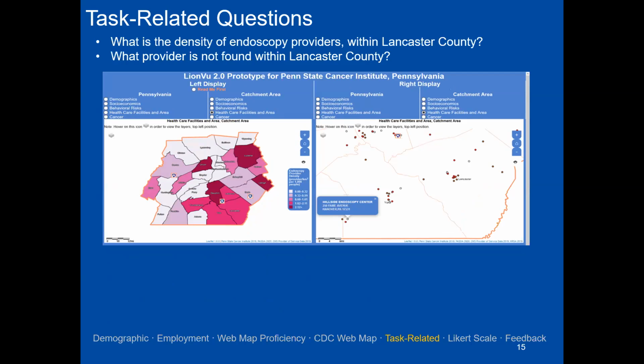In another test, where I asked what was the density of endoscopy providers in Lancaster County, which is right here, 90% answered that correctly. However, when the provider was not found within, which is this one in York County, only 30% were able to answer that correctly, mostly because the audience was used to using choropleth maps, and this was point data.